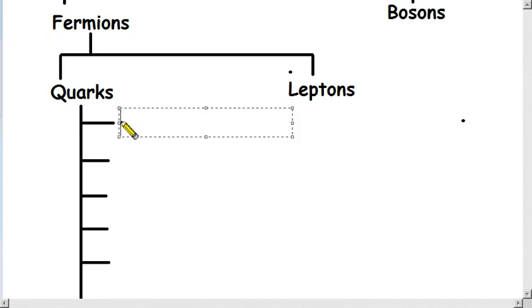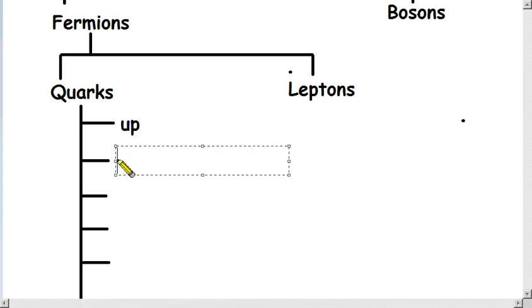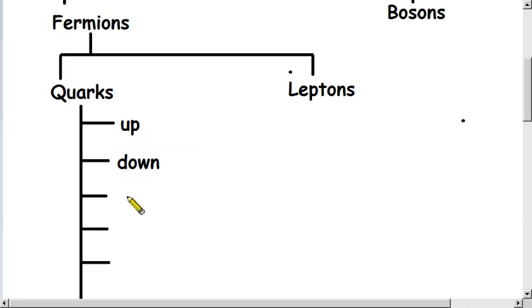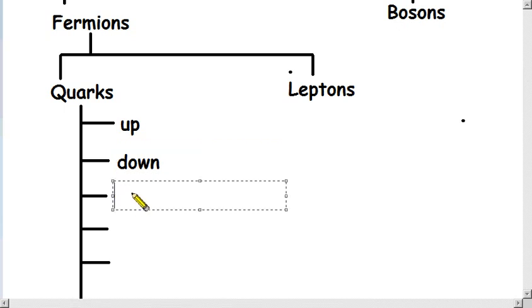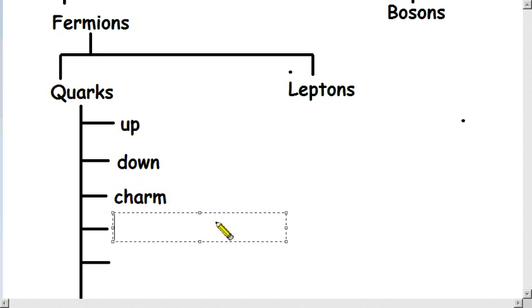The first one is called up quark. The second one is called down quark. The third one is called charm. The other one is called strange, S-T-R-A-N-G-E.